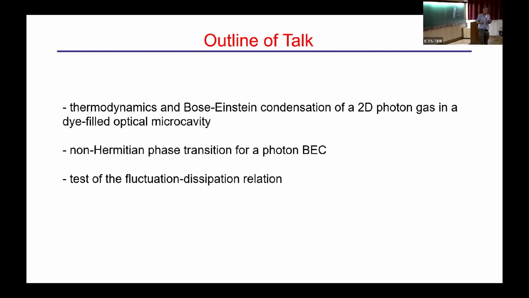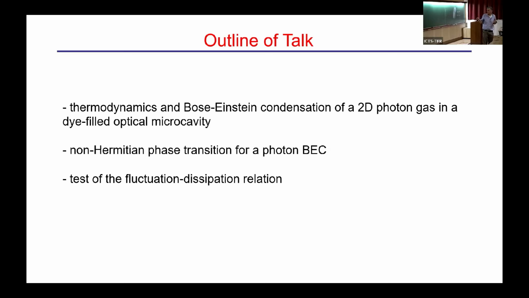Okay, so this is then the outline of my talk. I will first talk about our system. What we do is trap photons in a very thin, wavelength-sized microcavity to change the dispersion relation from the usual linear to quadratic, that is, matter-like, and we thermalize light by absorption and re-emission events on dye molecules. I will first talk about the thermodynamics of this system and then on observing Bose-Einstein condensation in the system.